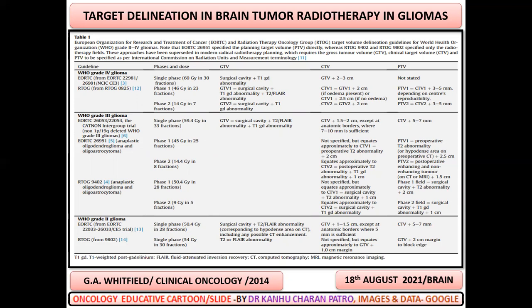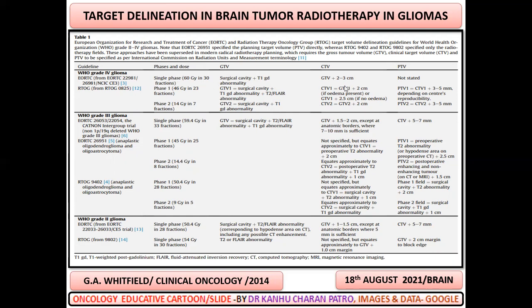In phase 1, 46 in 23, that includes GTV plus enhancing component, FLAIR abnormality with 2 centimeter margin as CTV and 0.5 centimeter margin as PTV. In phase 2, the GTV plus enhancing component plus 2 centimeter margin as CTV and 0.5 margin as PTV. So the margins are more in the RTOG part.